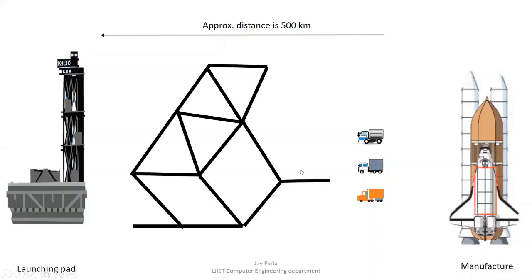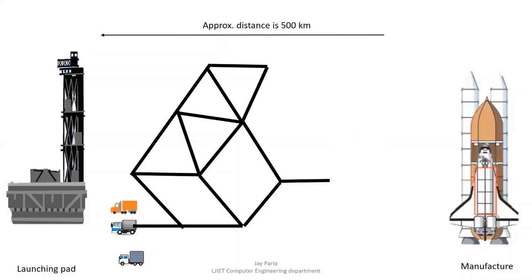Why will it change? Because there is a possibility that some trucks may follow a different route, some trucks may face traffic, and some may not. So they will follow different routes and be delivered at different rates, and as you can see, the order is changed.